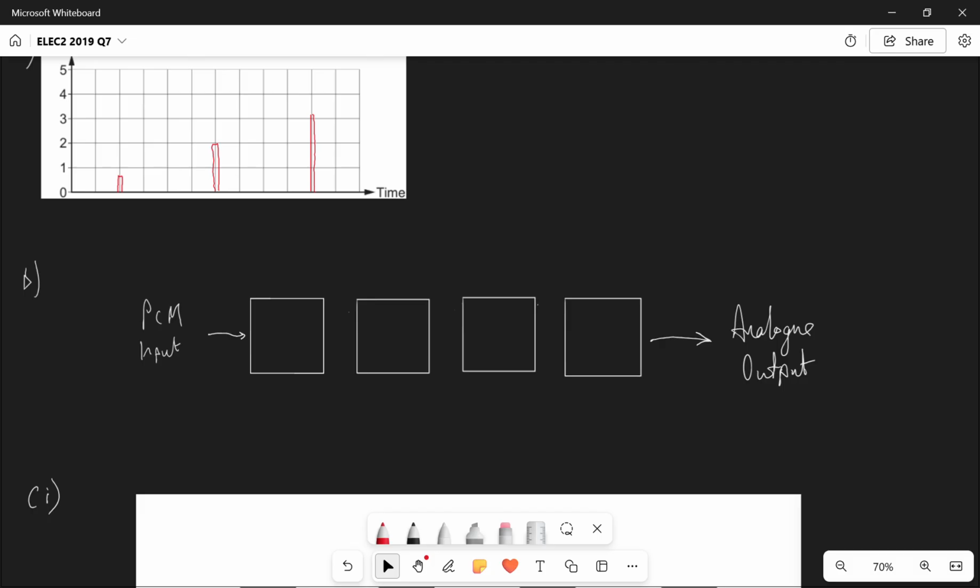But in terms of order, what we need to know is that the first thing that we get for one of these is a Schmitt trigger. This is then followed by the CPO shift register.